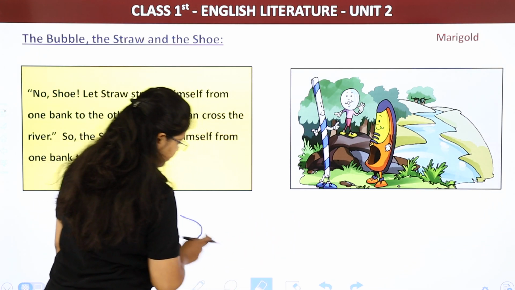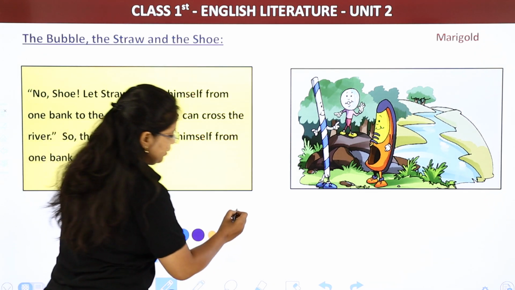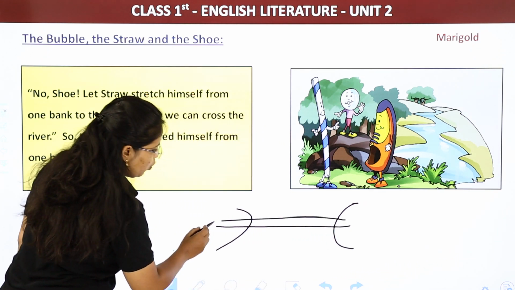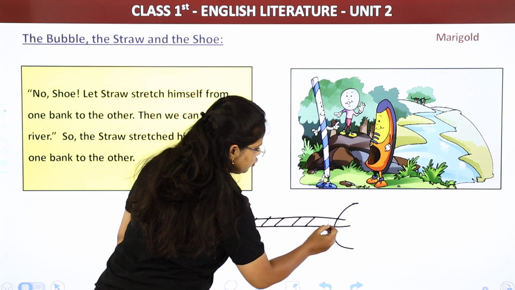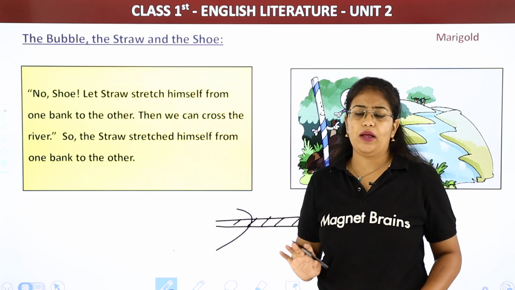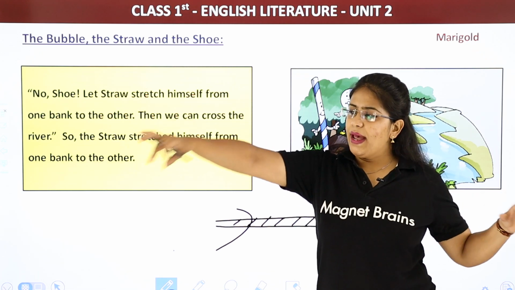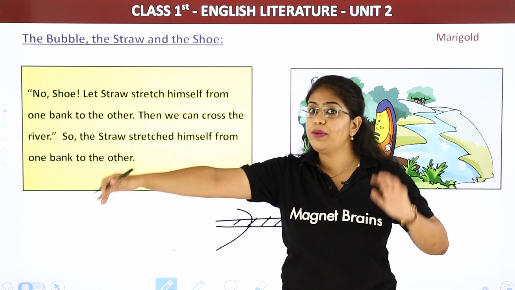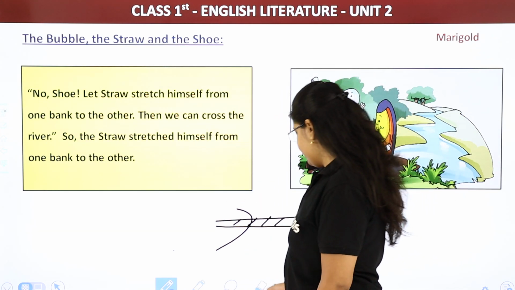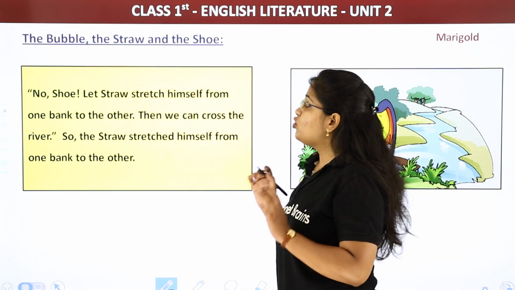We'll do one thing, स्ट्रॉ को हम स्ट्रेच कर देंगे ओवर द रिवर, so we will make a bridge. बबल क्या बोलता है, नहीं नहीं मेरे ऊपर मत आओ, हम लोग एक काम करते हैं, स्ट्रॉ को हम दोनों बैंक के ऊपर स्ट्रेच कर देते हैं ताकि हमें एक ब्रिज मिल जाए, then we can walk over it. अच्छा आइडिया है ना, बहुत अच्छा आइडिया. We'll see if it's a good idea or not.